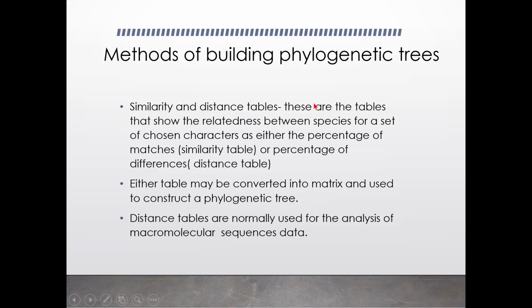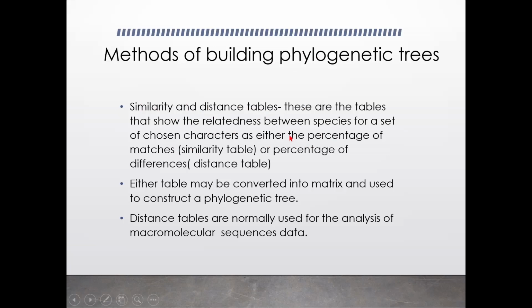In phylogenetic tree construction, we use similarity and distance tables. What are similarity and distance tables? These are tables which show the relatedness between species for a particular set of chosen characters. That relatedness could be the percentage of matches.